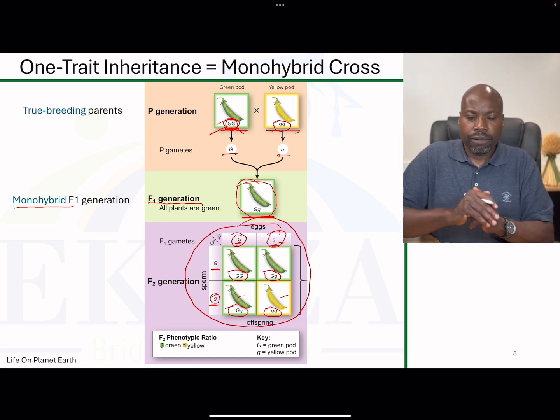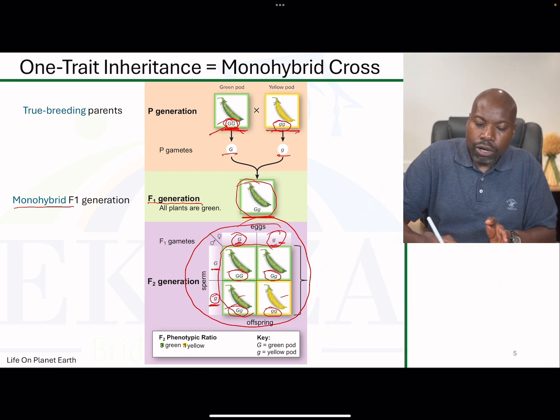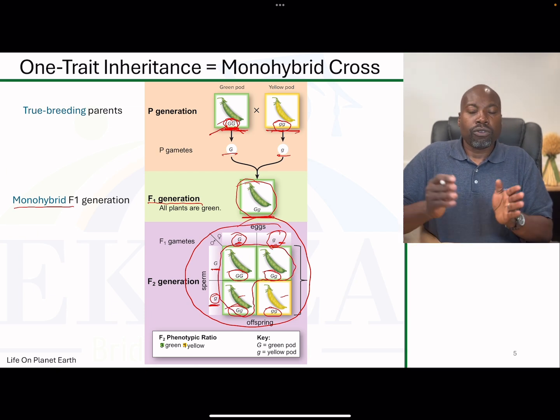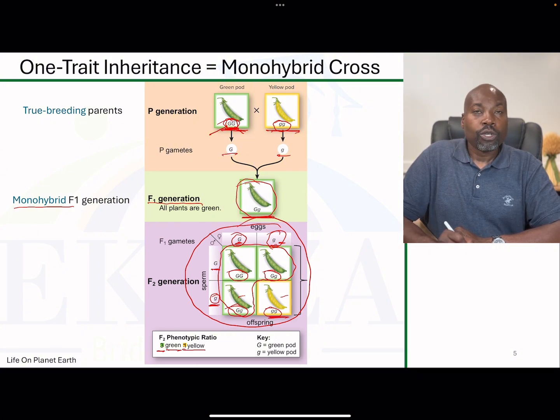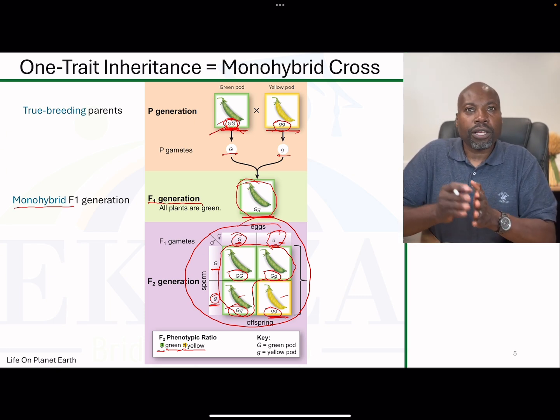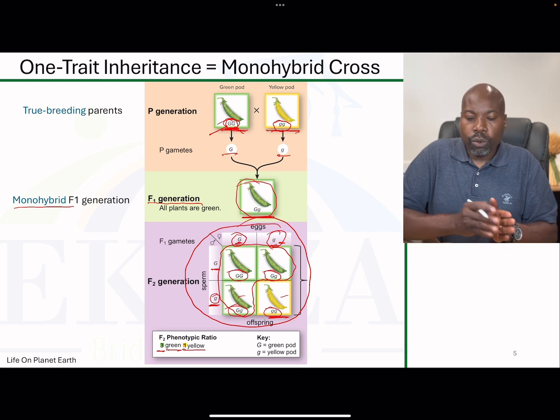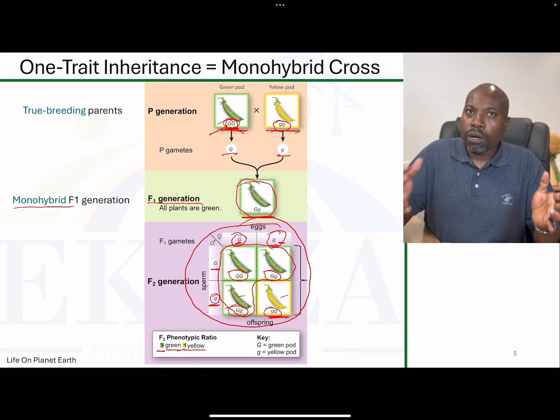So in terms of observable traits, we see that 3 individuals out of 4 are green. So that represents 3 out of 4 green, and 1 out of 4 yellow. So we have a ratio in terms of the color of the pods, green to yellow, of 3:1, right? 4 being the total possible.